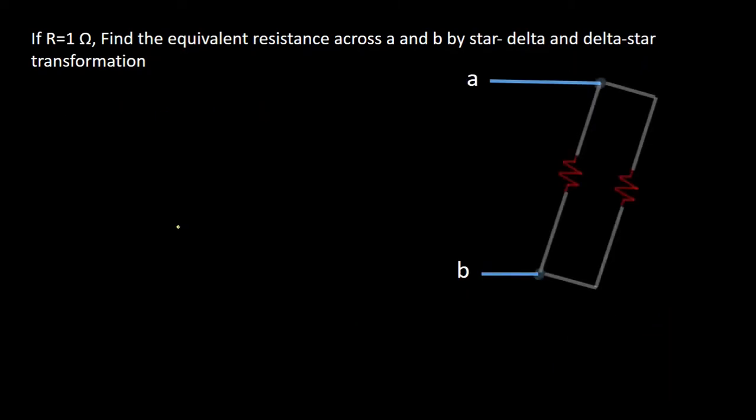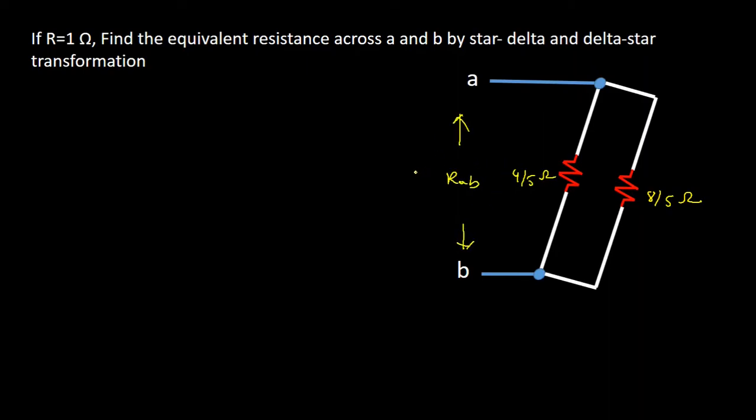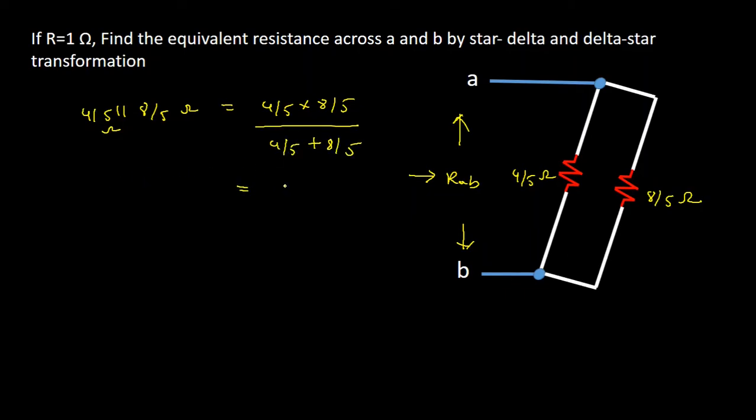So this circuit will turn like this. Now this 8 by 5 ohm will be in parallel with this 4 by 5 ohm. So we have to find out RAB across A and B. When we see in this direction, this 4 by 5 ohm will be in parallel with 8 by 5 ohm. After solving the parallel combination, 4 by 5 into 8 by 5 divided by 4 by 5 plus 8 by 5, we get 8 by 15 ohm.